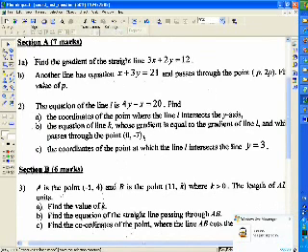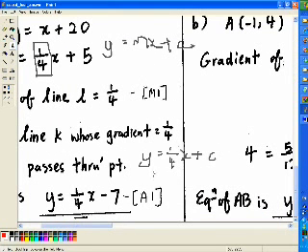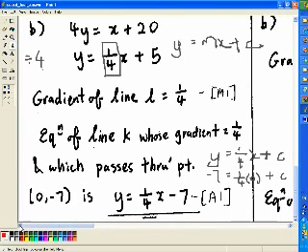Since it passes through this (0, negative 7), so you put 0, negative 7 inside. This will become 0, therefore c equals negative 7. That's why the answer for 2b is y equals 1/4 x minus 7.